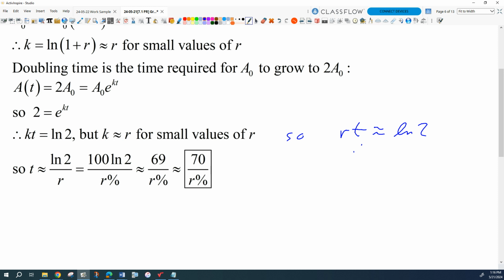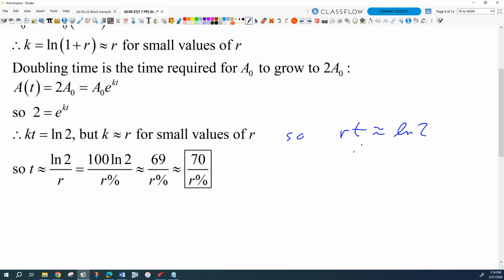Well, r is a percent, but it's written as a decimal. So if I want to turn it into a percent, I've got to multiply the top and the bottom each by 100. A growth rate of 7% is 0.07. But if I want to write that as 7% on the bottom, I multiply top and bottom by 100. And what does that give me? 100 times log 2 is about 69 point something.